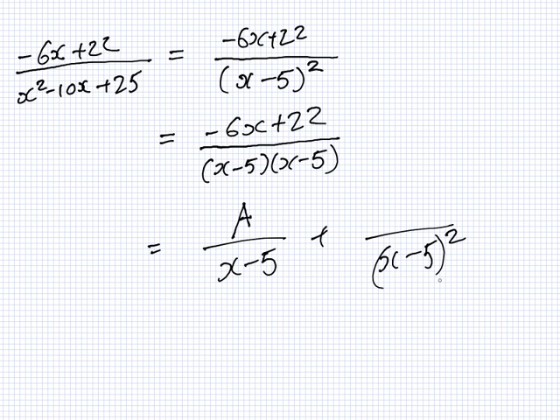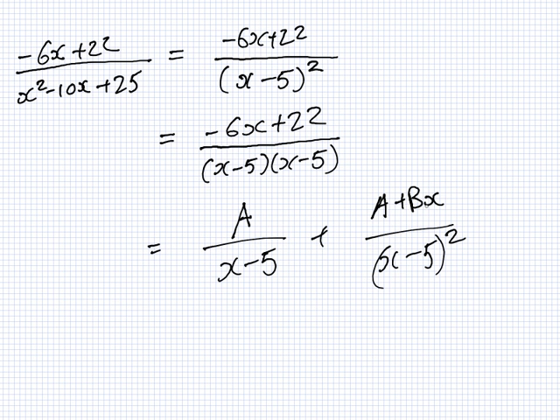Now, this is where it gets interesting. What type of expression is this? Linear, quadratic, or cubic? So on the top should be linear. That's A plus BX. Wait. Pause. But the fourth rule says, how many coefficients do I have on the bottom? 2.